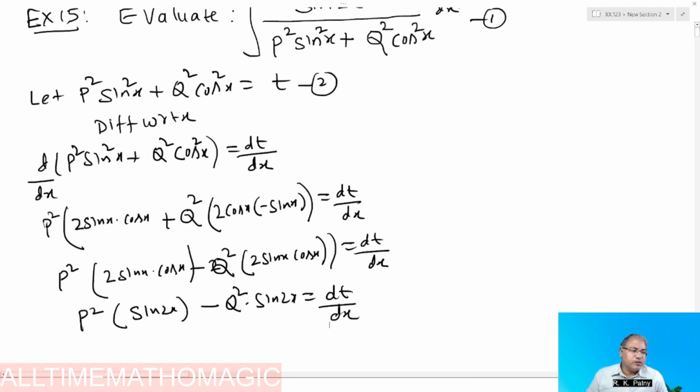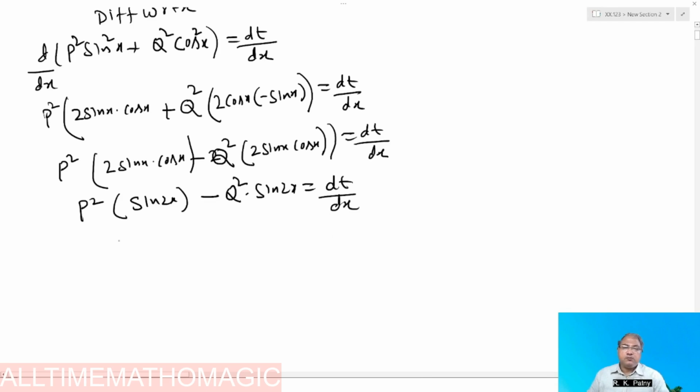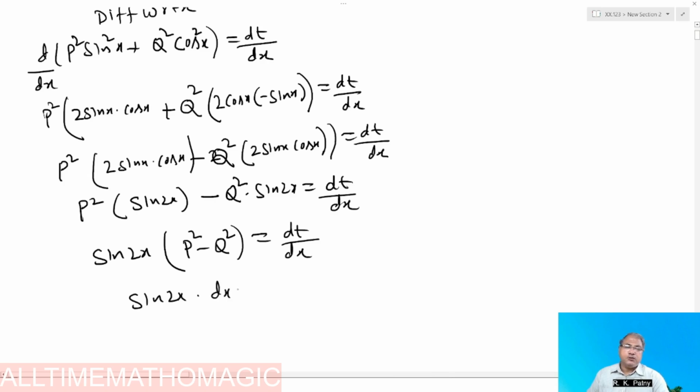Now sin 2x can be taken common. So we get p square minus q square, times sin 2x, equals dt by dx. Therefore, sin 2x dx equals dt upon p square minus q square, call it 3.